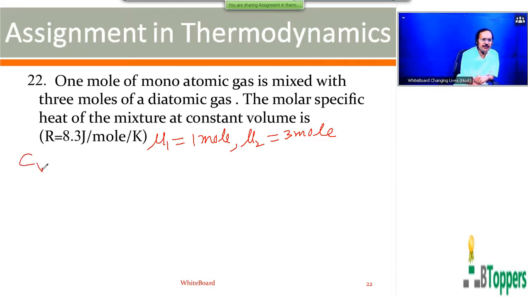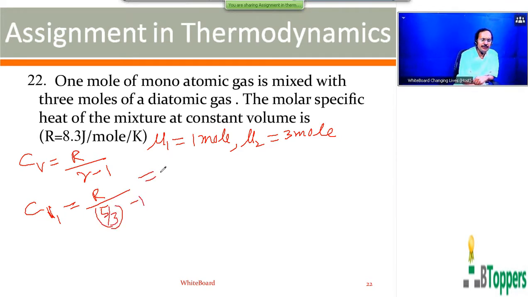So molar specific heat at constant volume, in terms of the molar gas constant, you can write R by gamma minus 1. So for the first gas denoted by CV1, that is for monatomic gas, gamma for monatomic gas is 5 by 3. So molar specific heat at constant volume for the monatomic gas is 3R by 2.